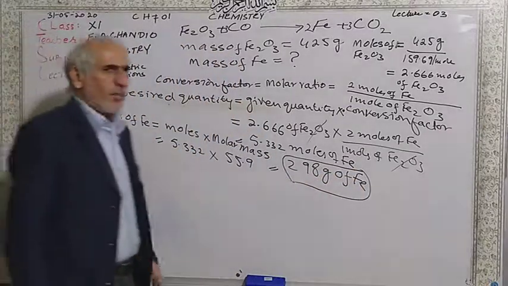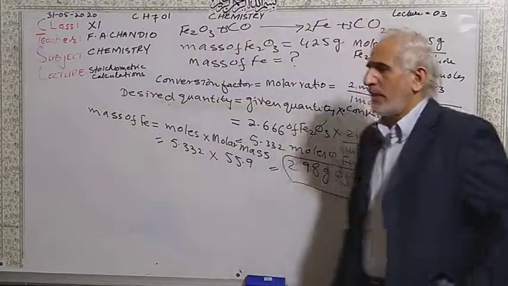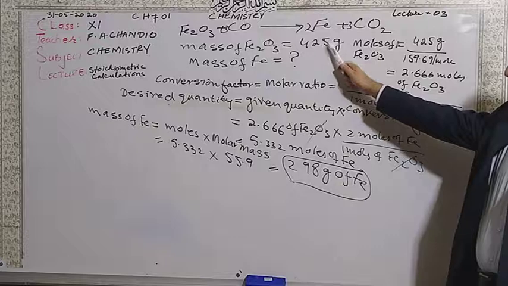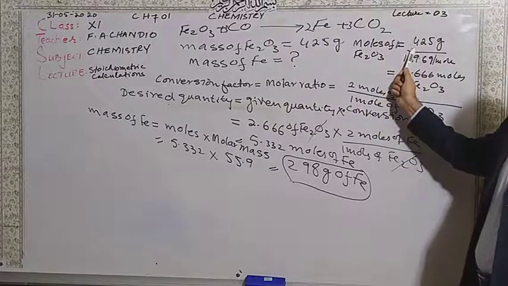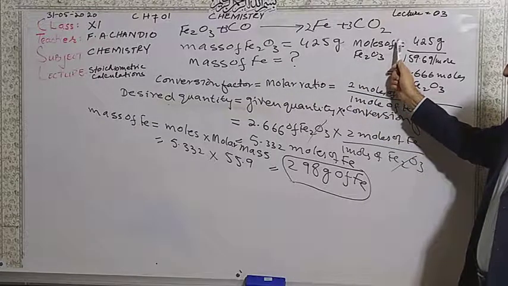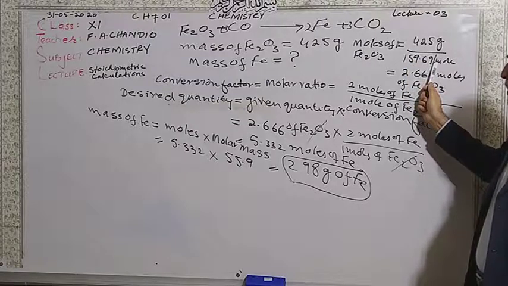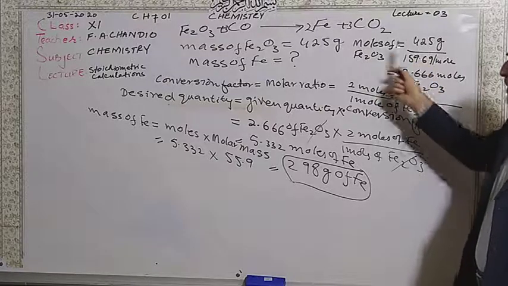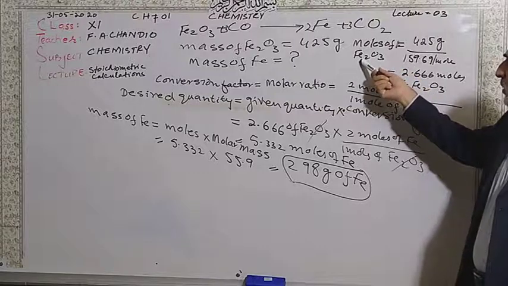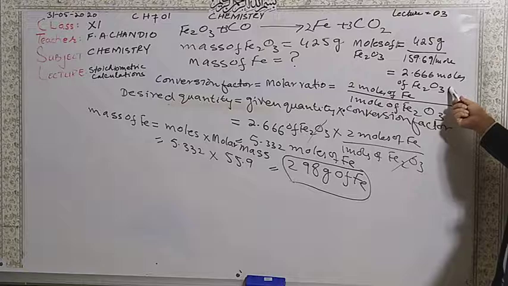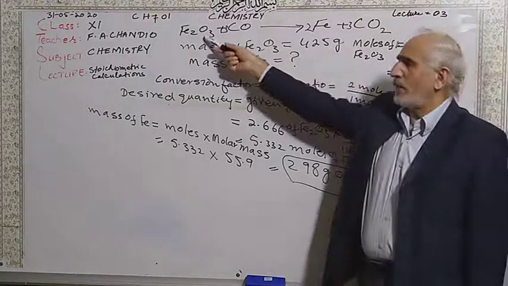So if you use the mole method, first of all you have to convert these grams into number of moles. The formula for mole is mass in grams over molar mass. This is the mass in grams and this is the molar mass of iron ore. So this is the answer for 2.66 moles of iron ore.